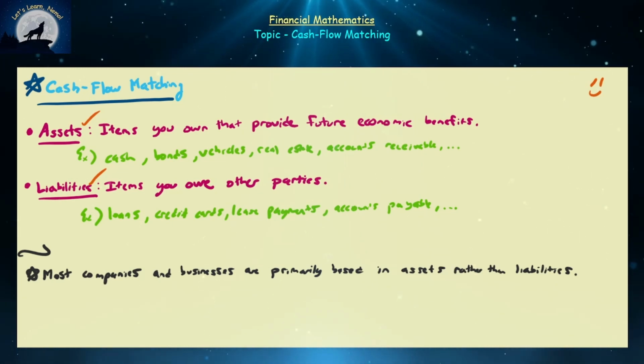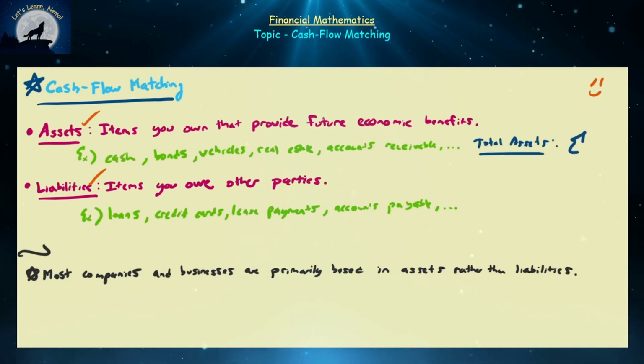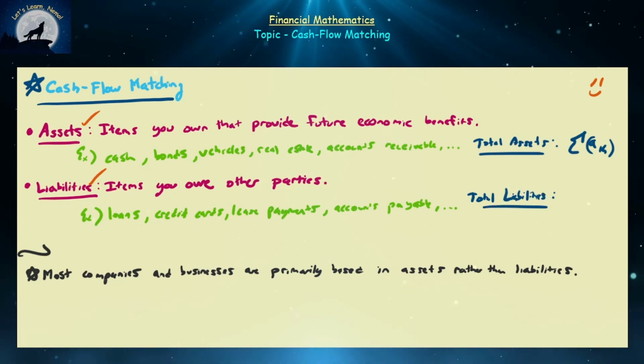So from assets and liabilities, we can define another term that is usually referred to as equity. We're going to define the total assets, denoted by the sum of A subscript k, and the total liabilities, which is going to be equal to the sum of L subscript k.